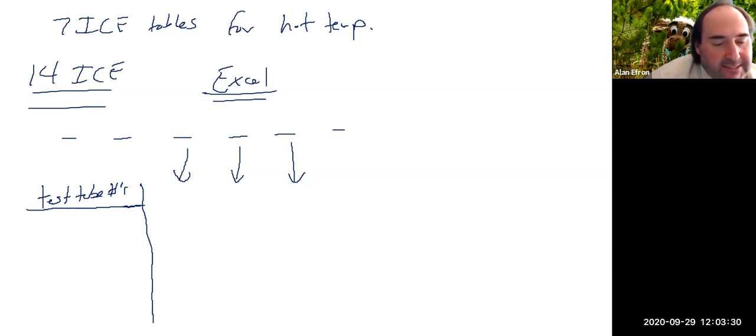But if you're going to do it in Excel, you usually will need the test tube number, like 1B, 2B, 3B.